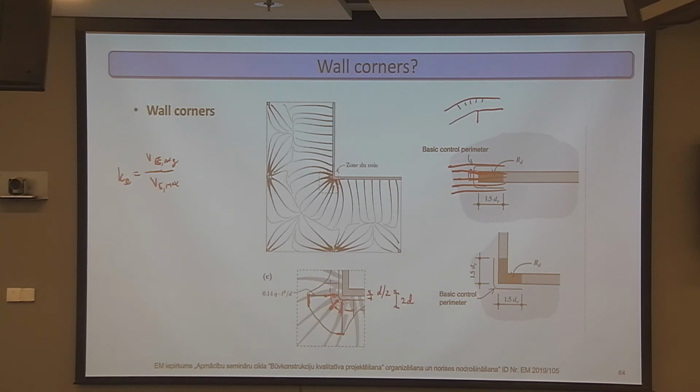So basically, assuming that you don't put too much flexural reinforcement in here, you can also consider that the shear is redistributed a bit further. But you do need to account for that reinforcement in this direction as well to actually redistribute the shear.